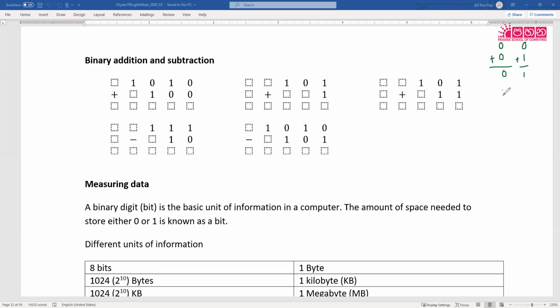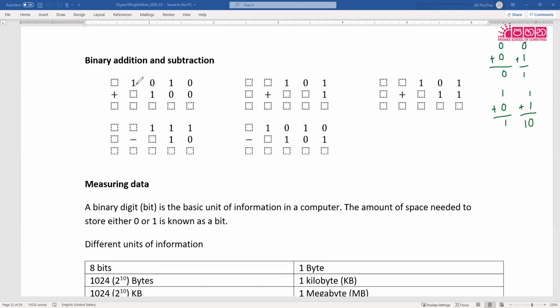When you add 1 and 0, it will be 1. If you add 1 and 1, then 1 and 1 is 2, meaning this is 0 and 1 is carried forward, so that means it will be 1, 0. We know 1 plus 1 is 2, which in binary is 1, 0. So this is the basic.